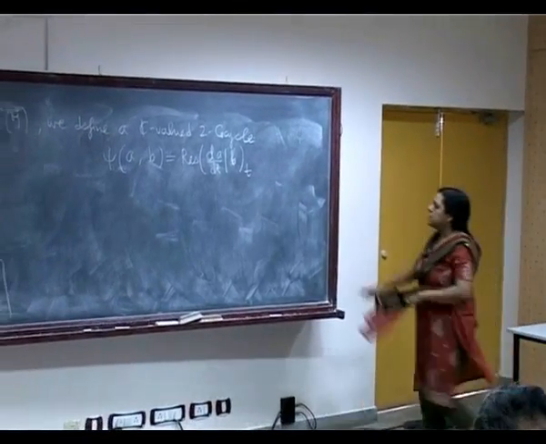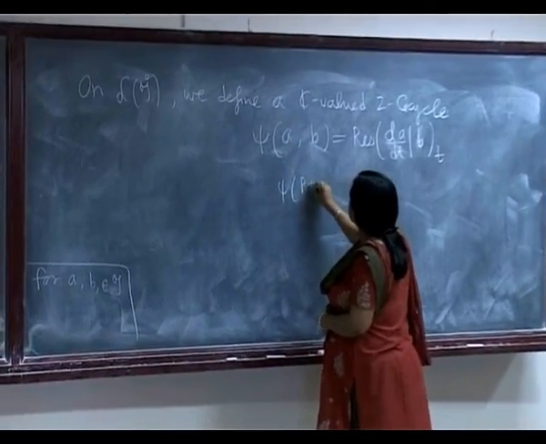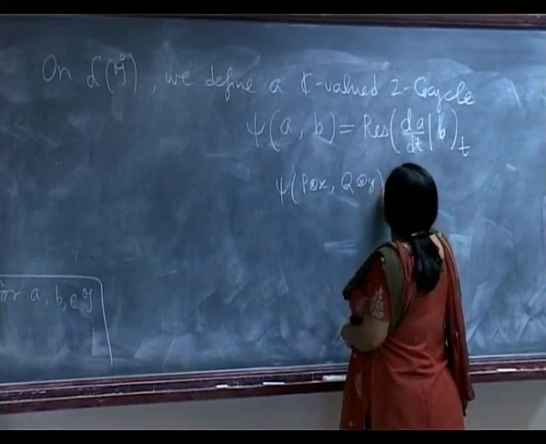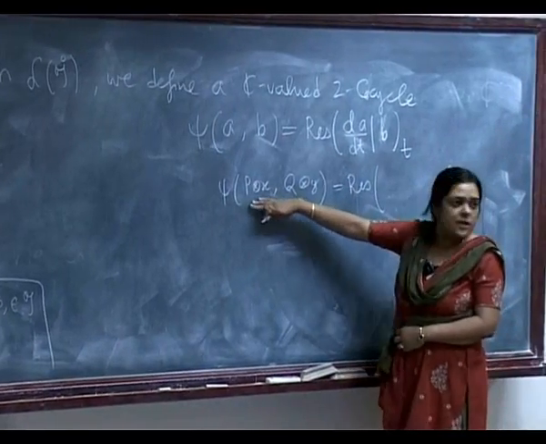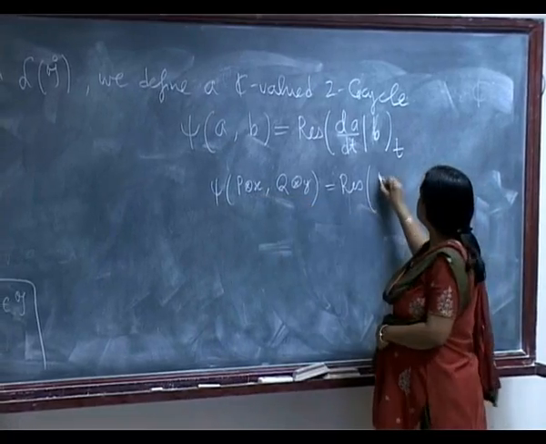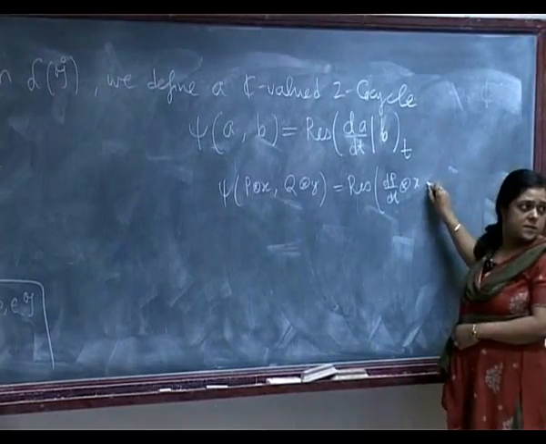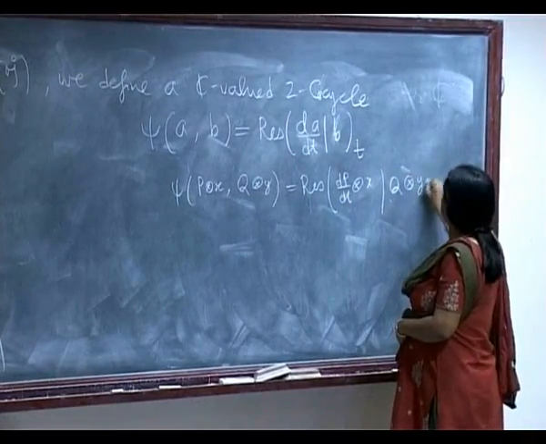Yes, yes. So actually, suppose A is our P tensor X, B is Q tensor Y, right. So this is residue of, so we are taking this derivative, so this will be just dP upon dt tensor X, and this as it is.